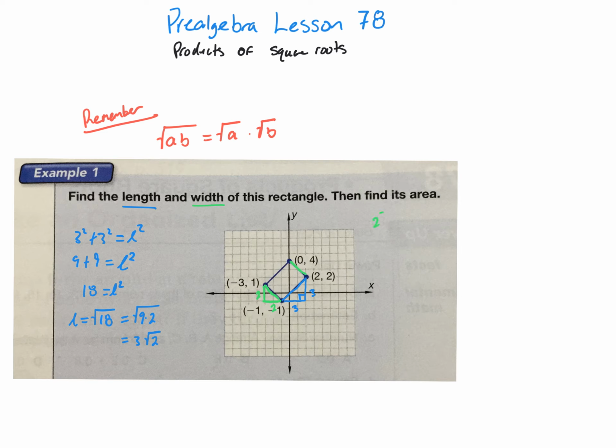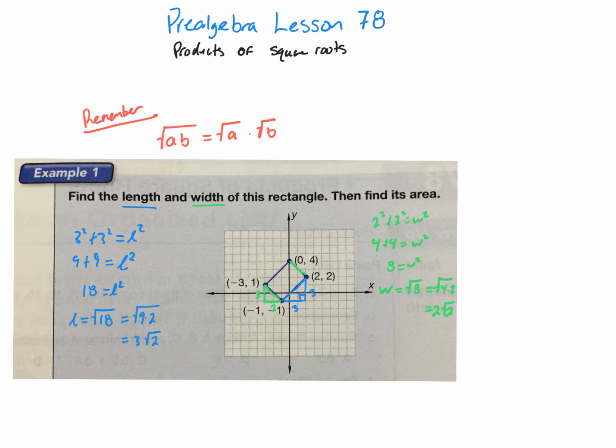So it's going to be 2 squared plus 2 squared is equal to W squared. It's going to be 4 plus 4 is equal to W squared, or 8 is equal to W squared, or W is equal to the square root of 8. That's also the square root of 4 times 2, which is 2 square roots of 2.